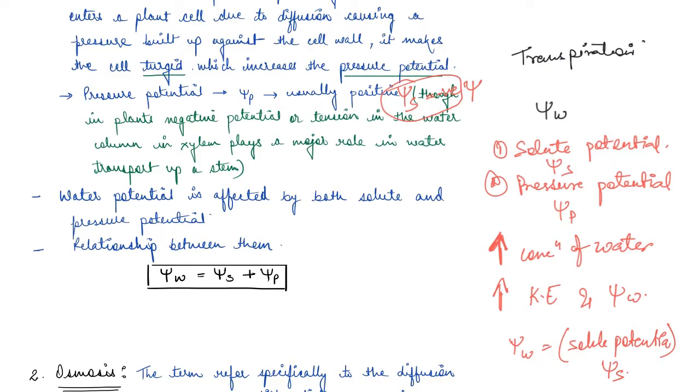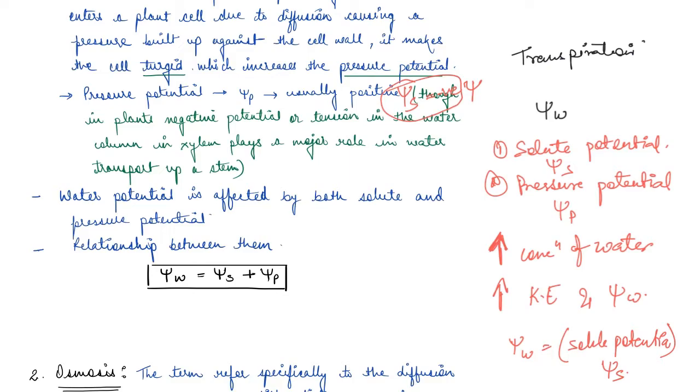This pressure builds up against the cell wall and makes the cell turgid, and this turgidity increases the pressure potential as well. Remember that pressure potential will always be positive, right? Although in plants, negative potential or tension in the water column in the xylem plays a major role in water transport up a stem, right?